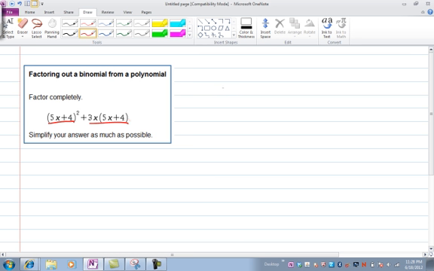Whereas in this problem, you see 5x plus 4 is to the second power in the first term, plus 3x, and then that 5x plus 4 is raised to the first power in the second term. So it appears in the first term here, second term here.